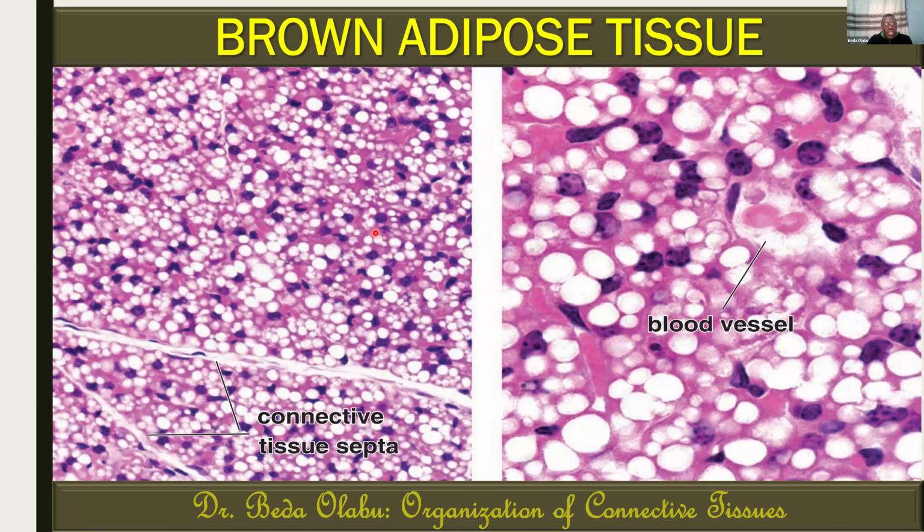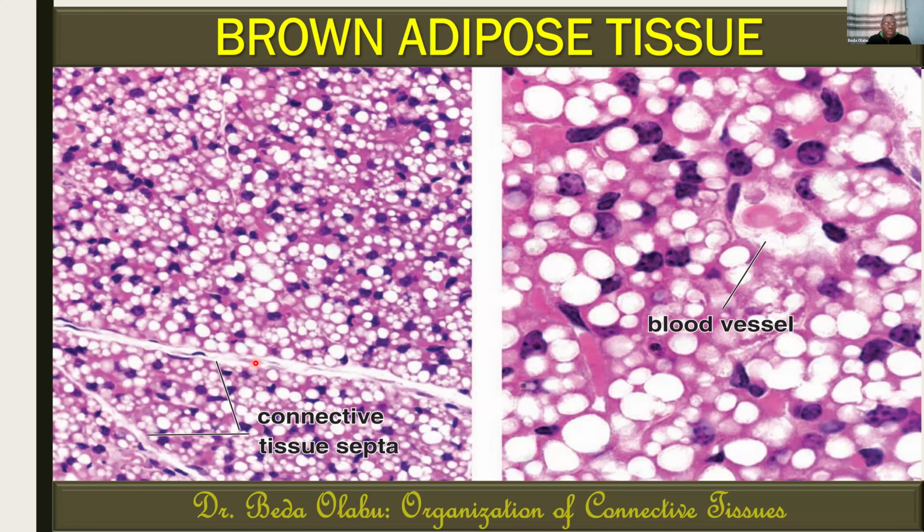We can see numerous cells with rounded nuclei as opposed to flattened nuclei. We see also that there's some connective tissue septa that separate the adipose into lobules. So this is one lobule, that's another lobule, and that's another lobule. Perhaps this and this are separate lobules because I can see a thin septum there as well.